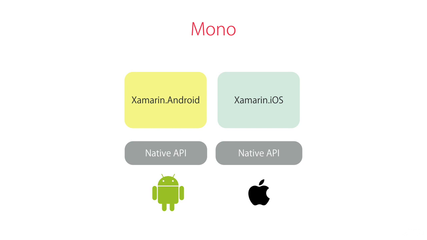These are the classes that Objective-C or Java developers work with when they build native apps for Android and iOS. When using Xamarin.Android or Xamarin.iOS, we work with these classes just like standard C# classes in .NET. And these libraries will internally call the corresponding API on the target platform.